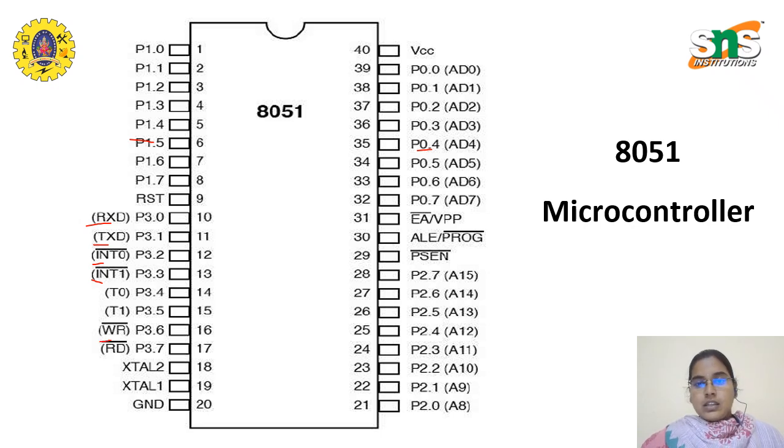On the right hand side, you can see EA, PSEN, ALE, that is address latch enable, and the programming enable option. And we have AD0 to AD7, that is the 8-bit address data bus, and we have a 16-bit address bus. So we have totally 40 pins, mainly VCC and also the ground pin.